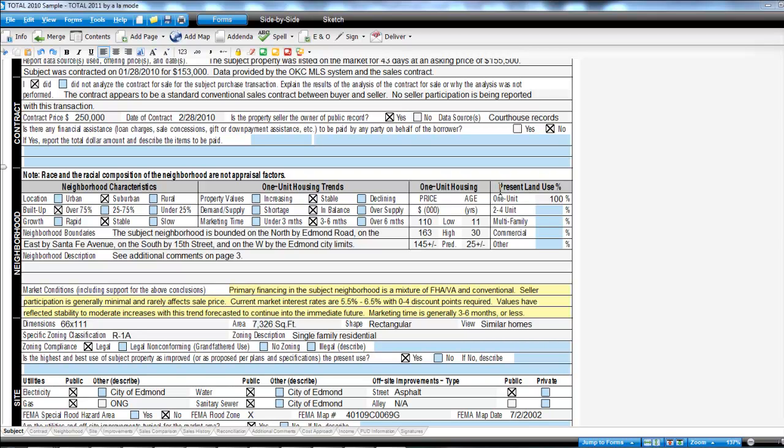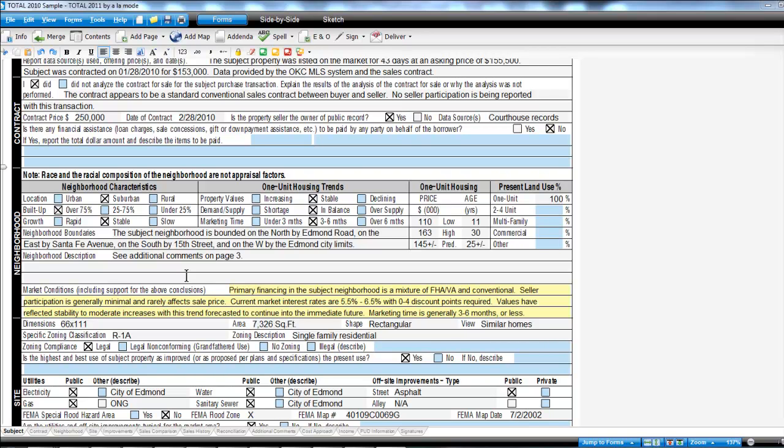A typical neighborhood here in the Silicon Valley would be 85% single unit, 5% duplex, triplex, 5% multifamily, and maybe 5% commercial. Other could be something like agriculture. But again, you'd use this as you're filling out this report to paint the picture of your neighborhood where your home is at.